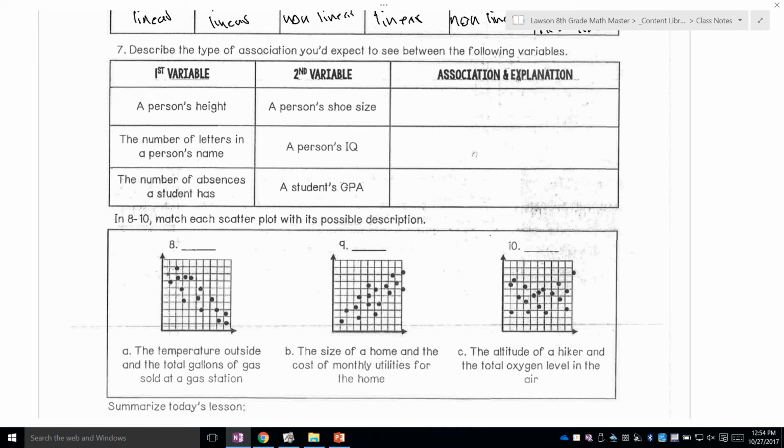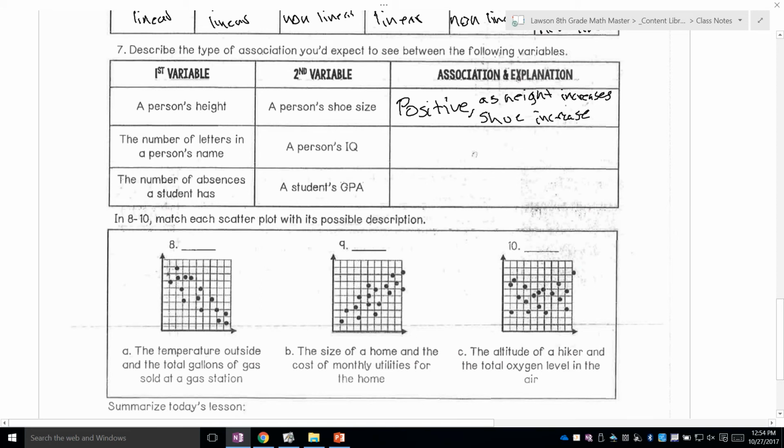So for our association over here, we're going to put positive, because as the person's height increases, their shoe size is going to increase.